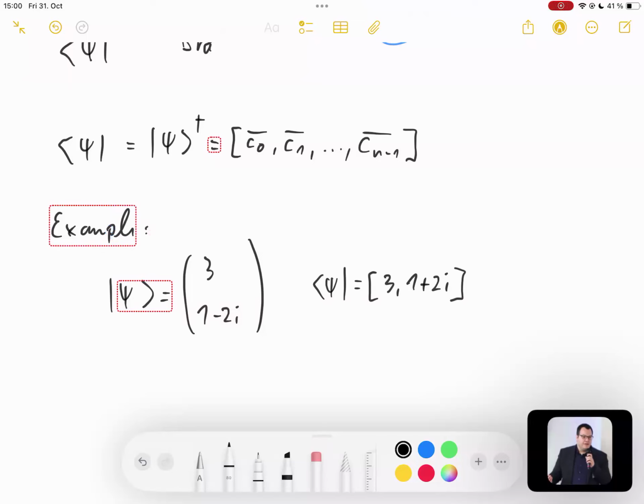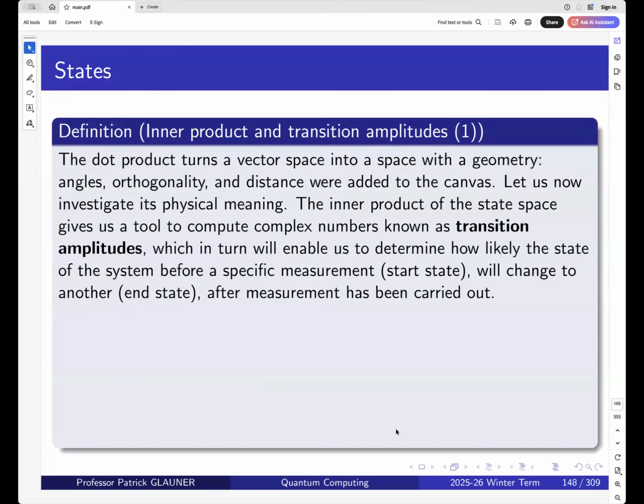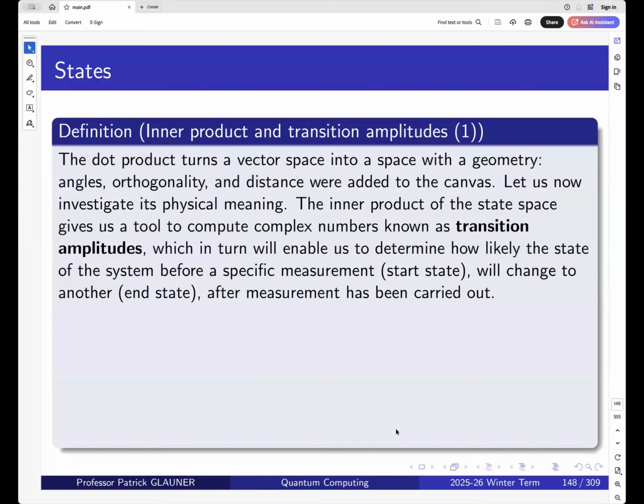I'll switch to the slides for the next part, just to tell you a little bit what this bracket notation is helpful for. The example we just looked at is here, and what we will see now is that this bracket notation can help us to very neatly calculate the so-called transition amplitudes, which you will see in a moment.